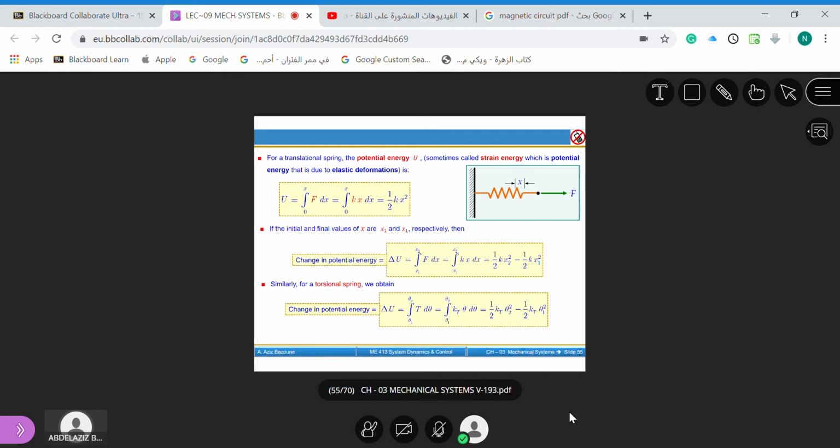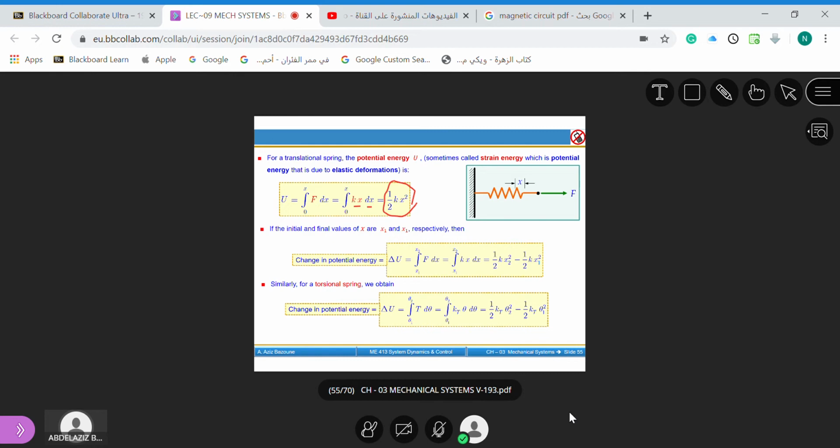So the spring will always have the potential energy integral of F dx, which is equal to half kx squared, elastic deformation. F times dx, where kx is the force, integrating dx gives us half kx squared.